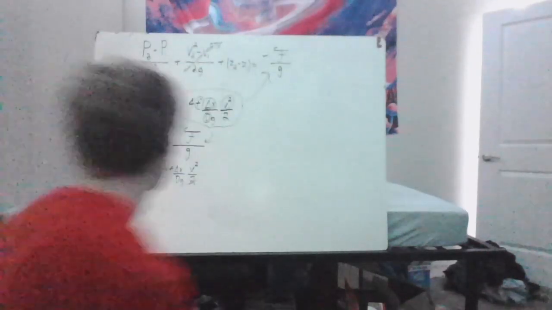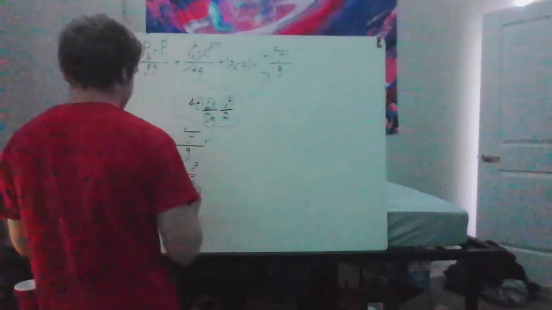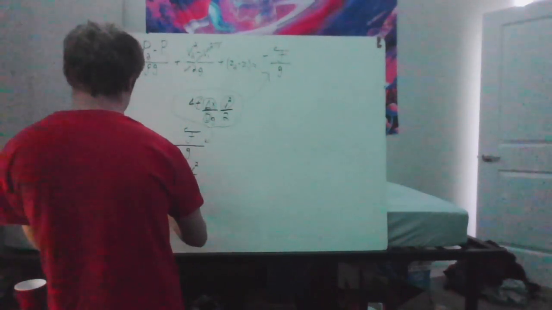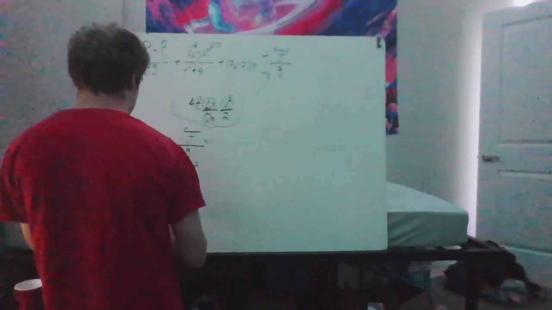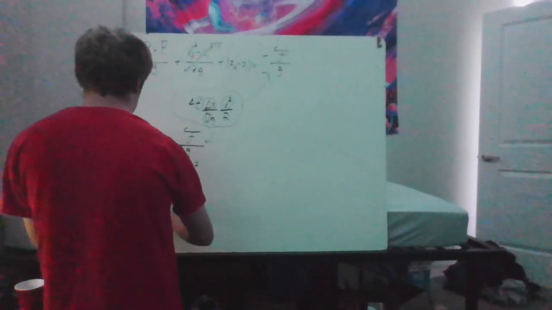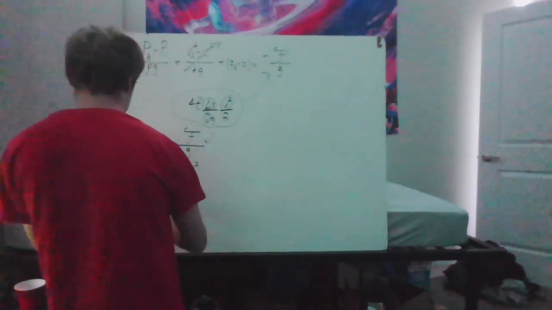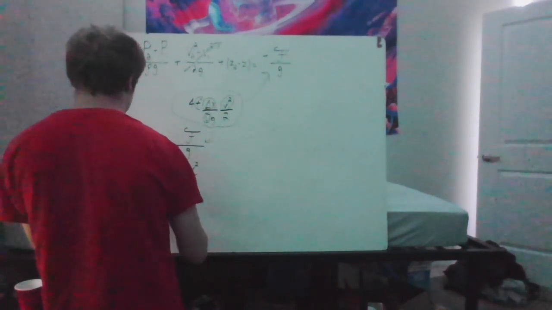So now we can try to isolate v on its own side, so we'll multiply by d g on both sides. We get v squared equals d g, and then divide by friction factor times delta x, and take the square root of the whole thing.